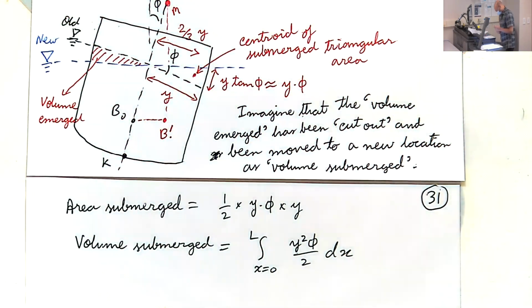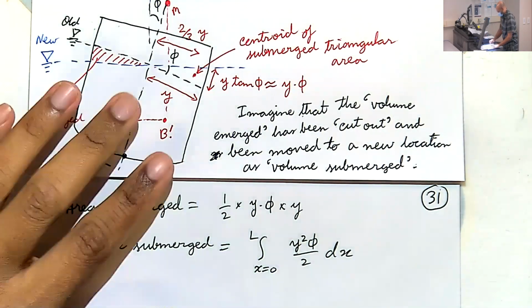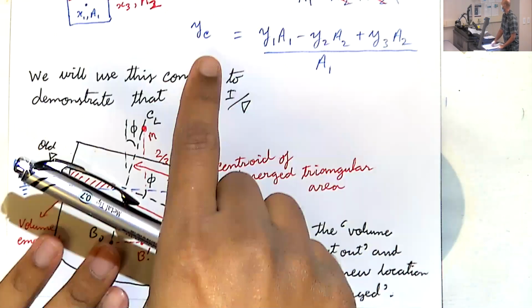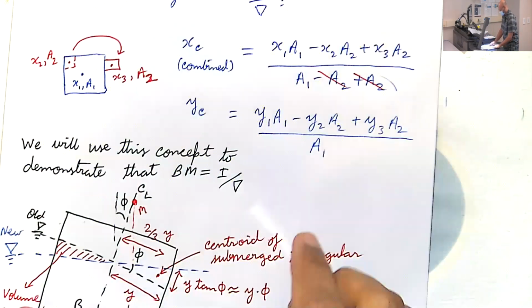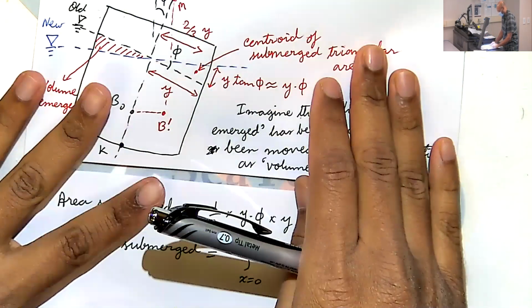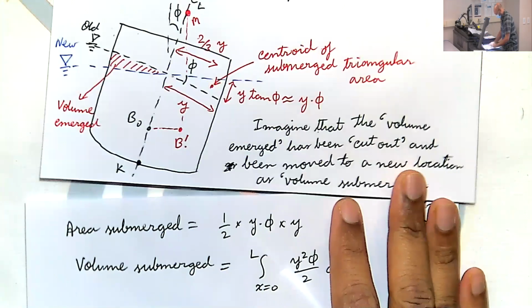All right. Then one more thing. We wrote here xc and yc equals something. We'll write the same for xb and yb. Well, yb mostly.